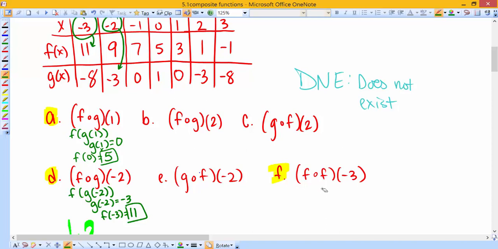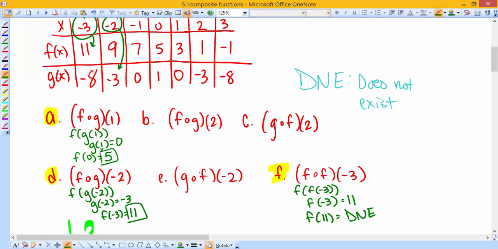Now I'm going to go to this next one. This is f of f of negative 3. So I'm going to start with the inside, which is f of negative 3. And f of negative 3, well, I just found out from D, f of negative 3 was 11. Well, now I want f of 11. What? My table just goes from negative 3 to 3. There is no 11.